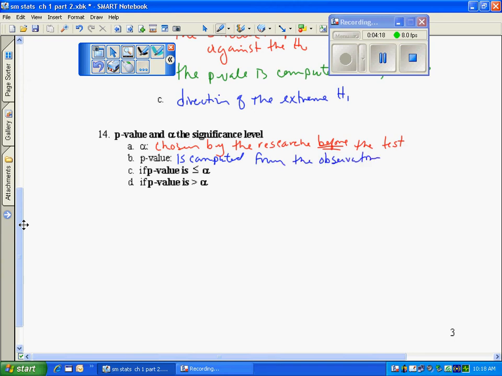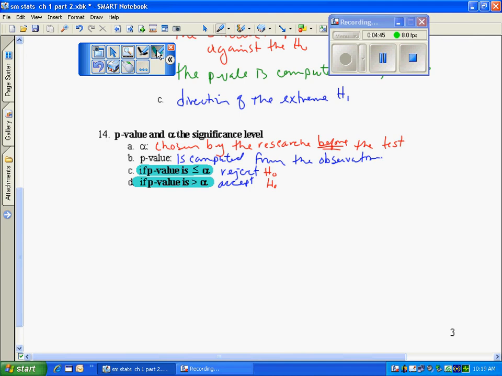Now, here's the scenario. If the p-value is less than or equal to alpha, I'm going to reject. If the p-value is greater than alpha, I'm going to accept. Now, who are we rejecting or accepting? Always the null. The key here is this idea of comparing it to alpha, the chance of a type 1 error.